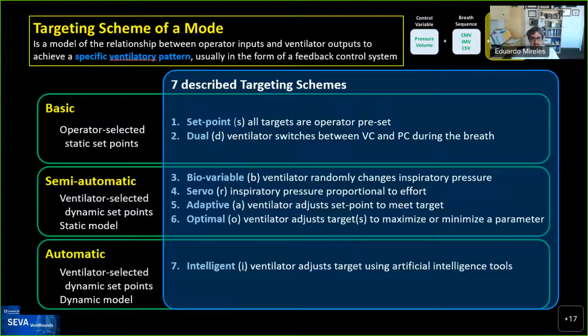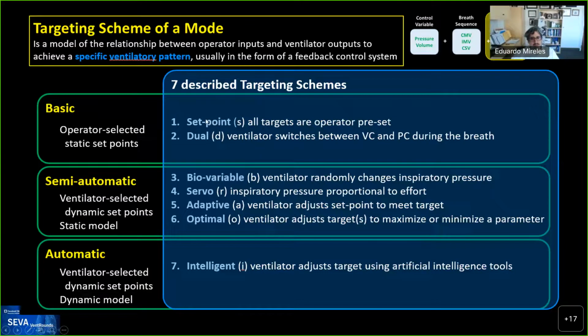And so we call that basic, essentially set point, where you set everything on the ventilator. You tell the ventilator the total volume, or you tell it the pressure that it's going to deliver to the patient. And this is basically the most simple type of mode that we have available at this time.